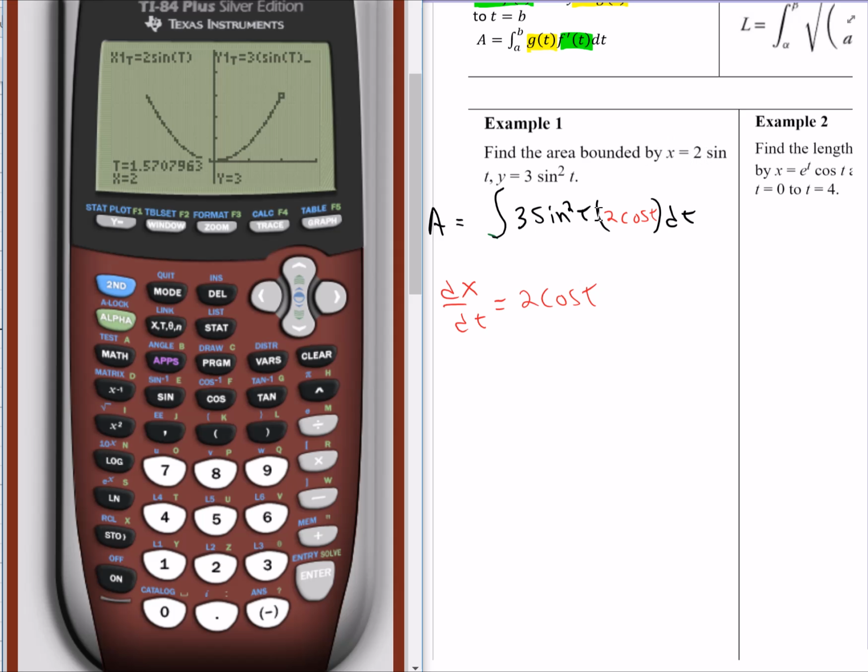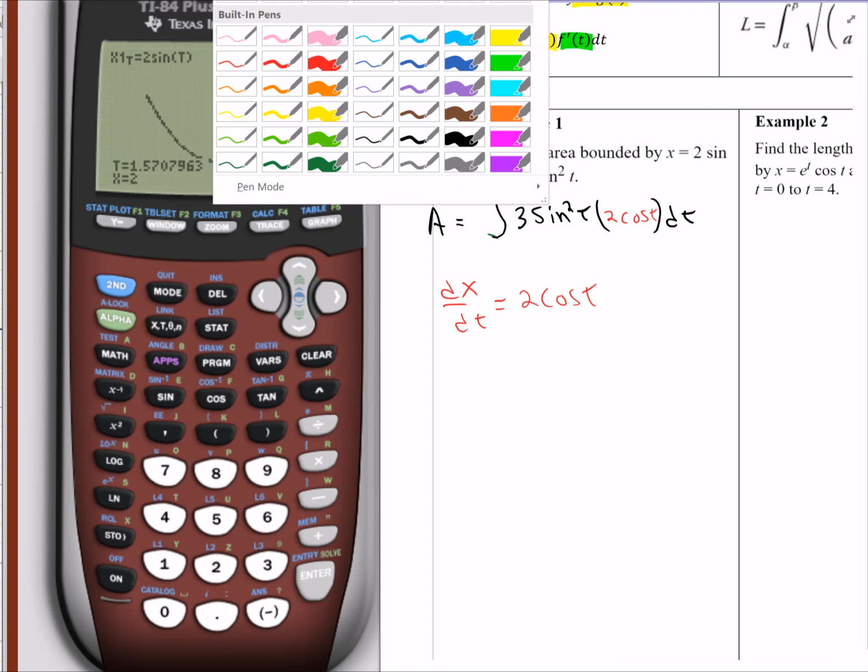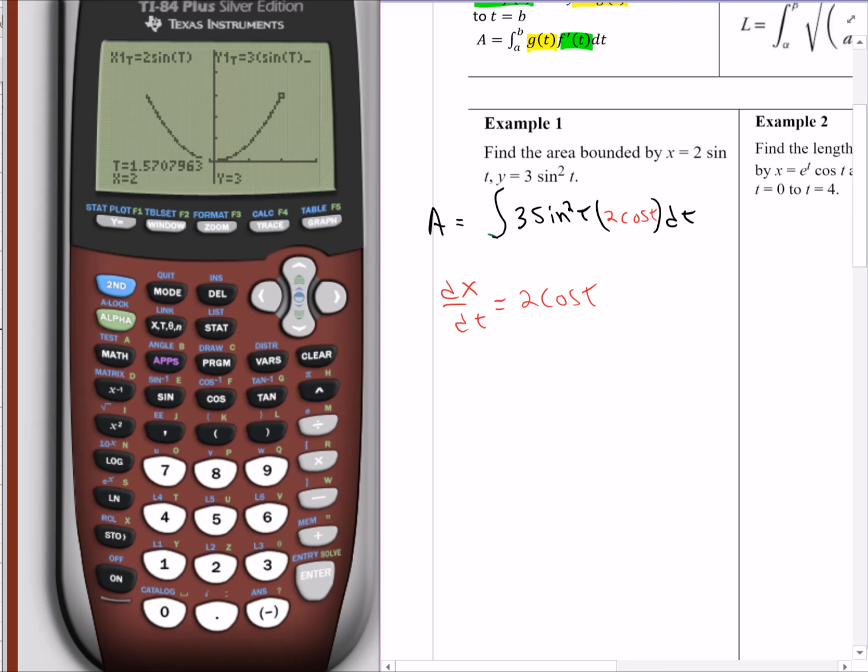Well, it reaches it at 3 pi over 2, but in this case it's easier just to say negative pi over 2, which is the same basic coordinate. So this is basically going from negative pi over 2 to pi over 2, again because that's the maximum x value you can get.